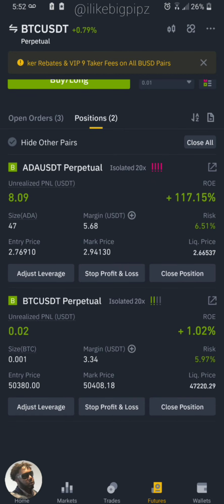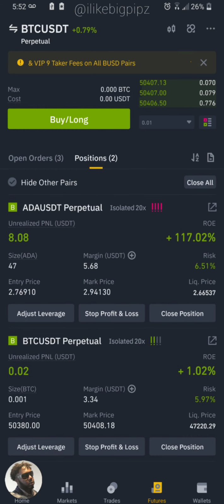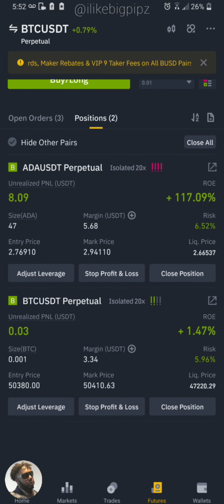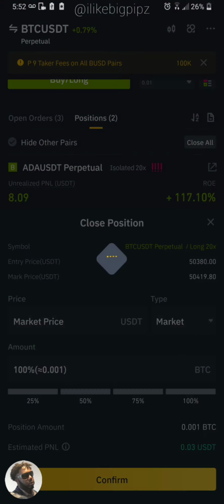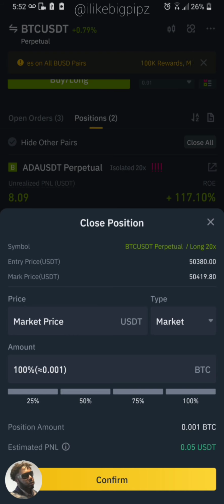So now we want to know how to get our trade into a more risk-free status. Kind of looking at the market, we don't want to pull the trigger too early, but for the sake of the exercise here, I'm going to show you how to put the trade into risk-free status.